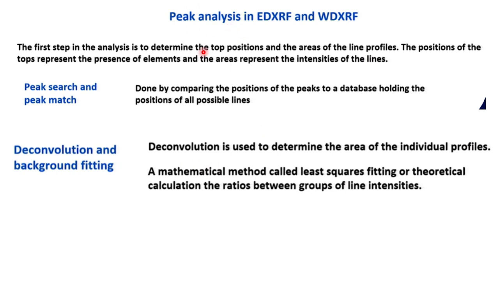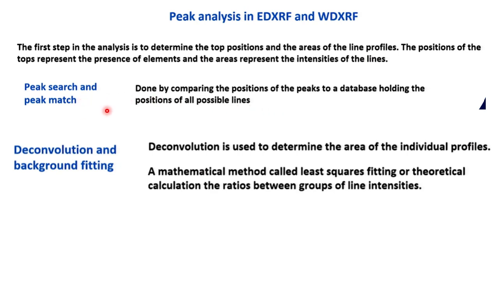Now next come to the peak analysis part of the X-ray. The first step is to analyze or determine the top position and the area of the line profile. The position of the peaks represents the presence of elements, and for different elements the peak position will be different, and the area will represent the intensity of the line.